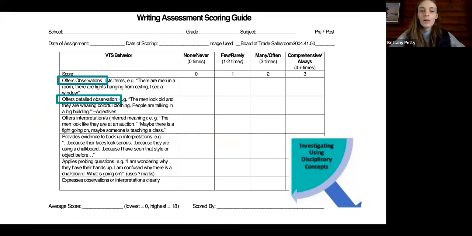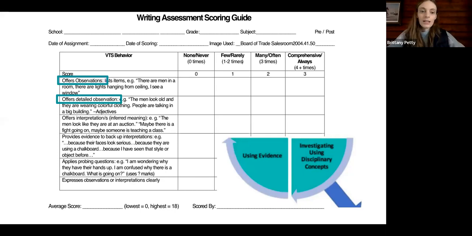And then you want to go even further. Ideally, they're offering detailed observations. And then they have to provide that evidence, right? So right there on the rubric, because that's the key word, because their faces look serious, because that's when you know that they're using their evidence.